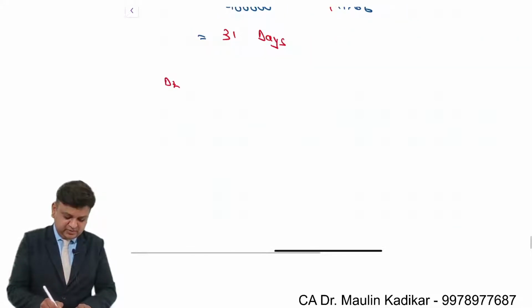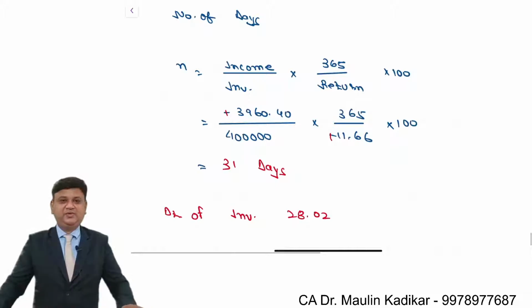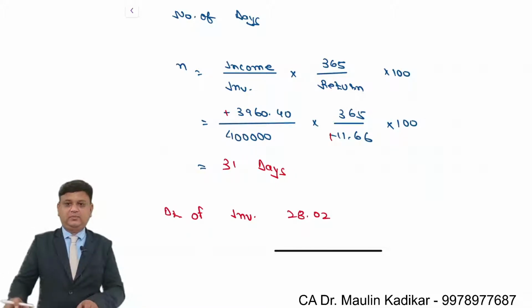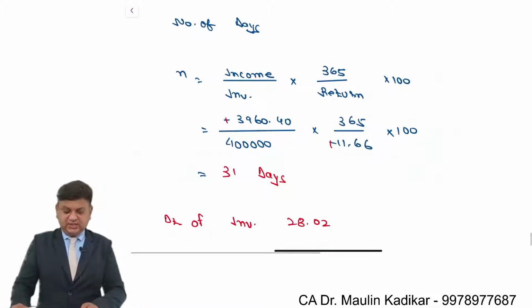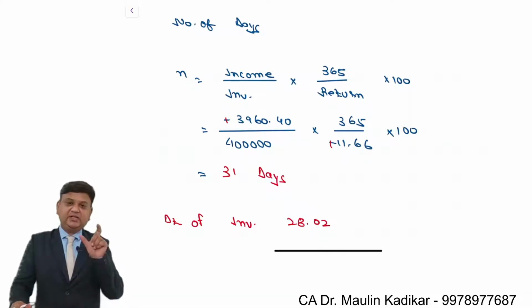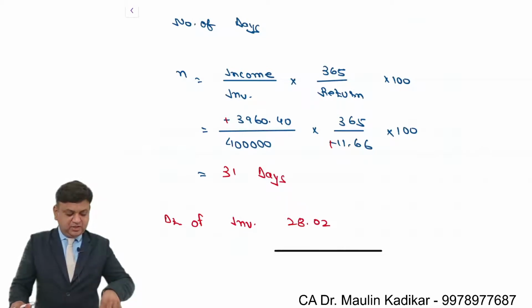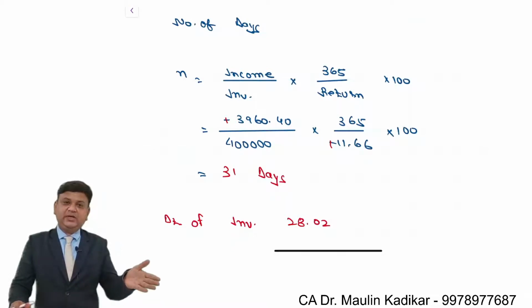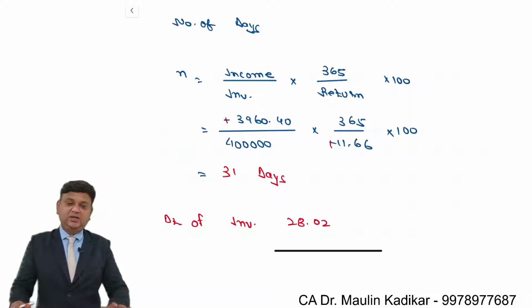So the date of investment is 20th of February. This is what we understand. Friends, over here the institute has given a suggested answer, wherein they have considered this 31 days to be calculated next from the date on which the investment is made.